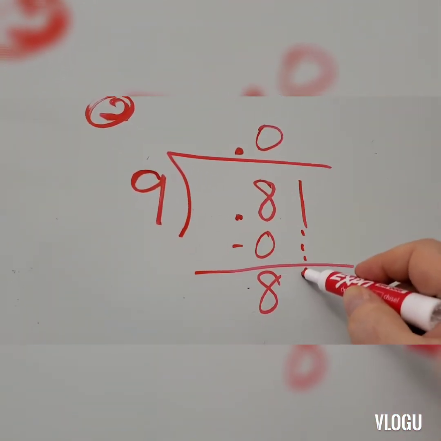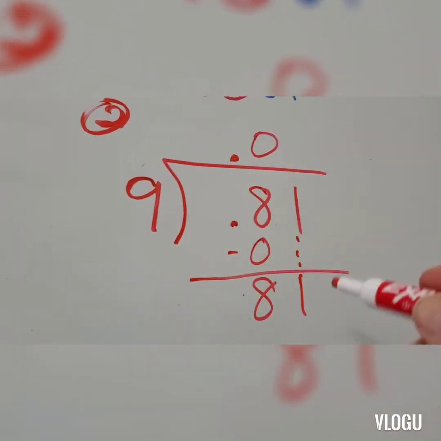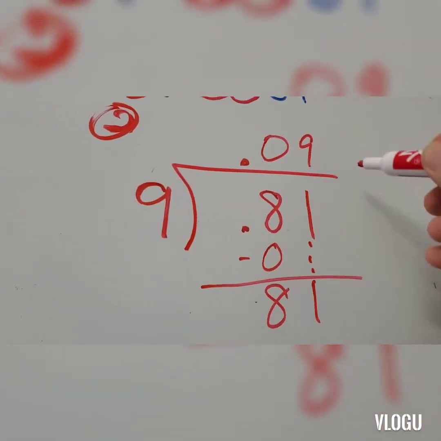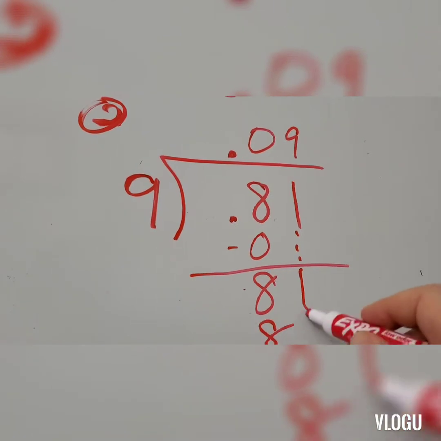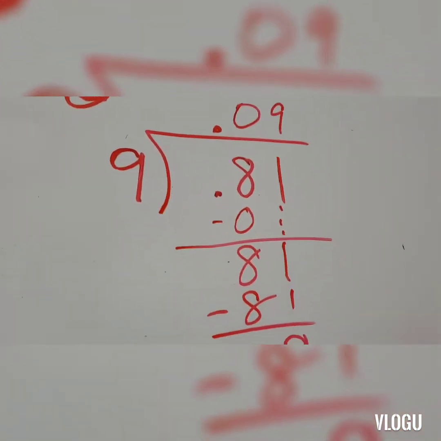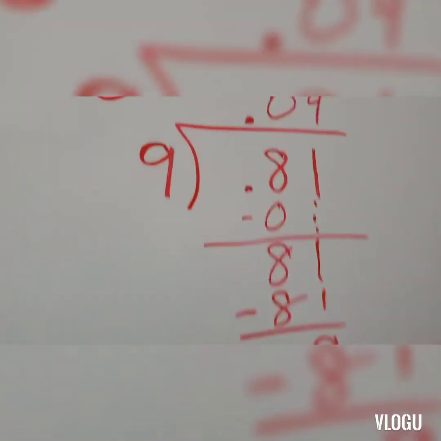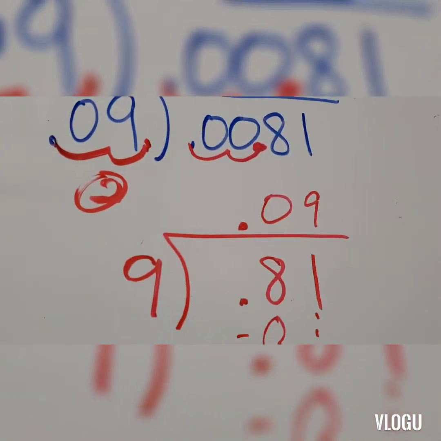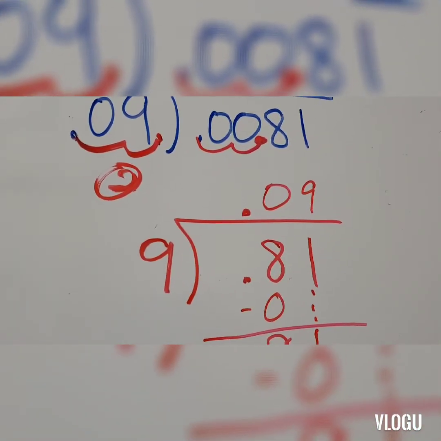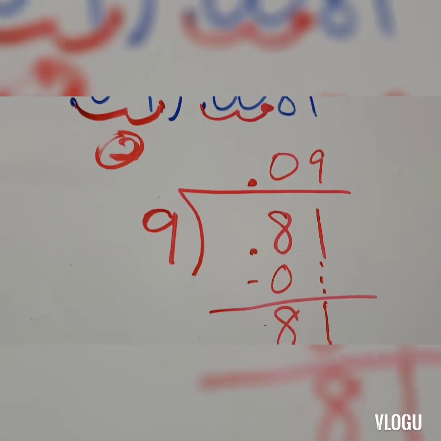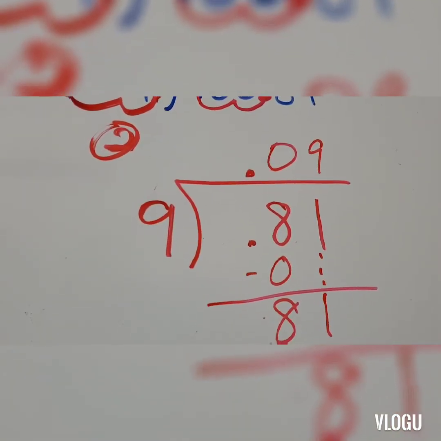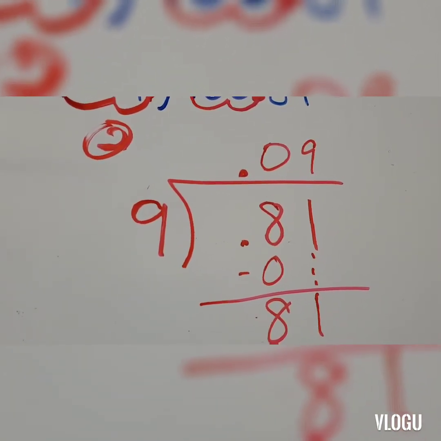Bring down my 1. 9 goes into 81 9 times. 9 times 9, 81. No remainder. So my answer is 0.09 or 9/100ths. How did you do?